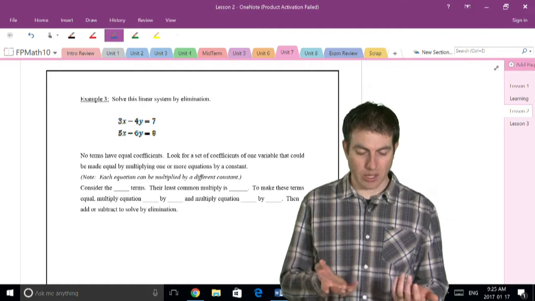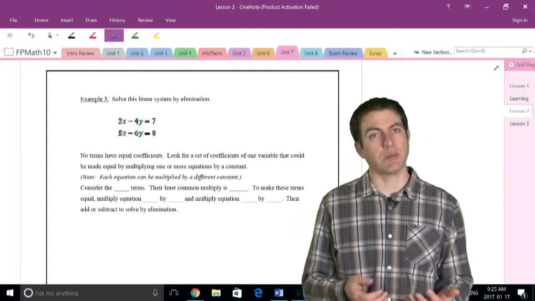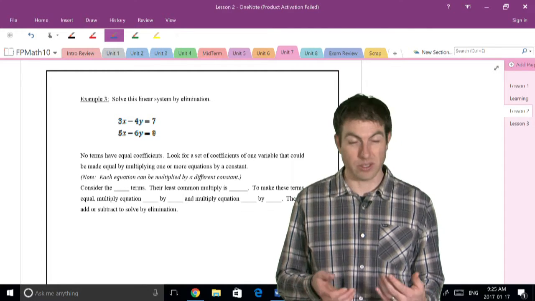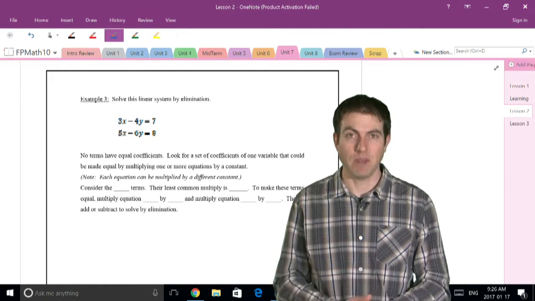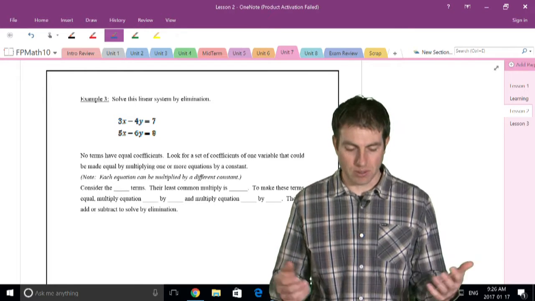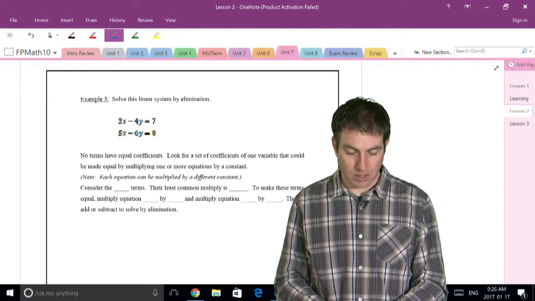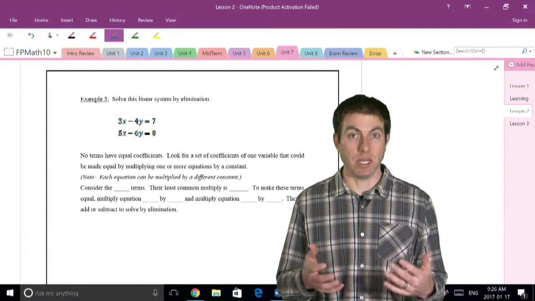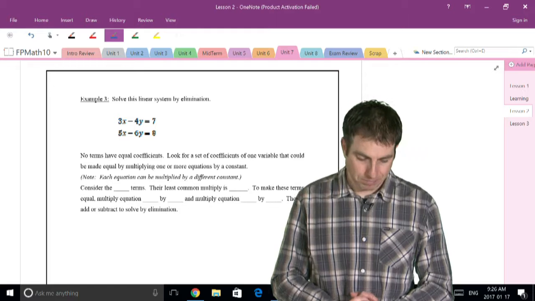But that's not going to work here. If I double the first equation, I'm going to end up with 6 x's, and 6 and 5 aren't the same. And if I double the 4, it turns into an 8, and 8 and 6 aren't the same. So I can't just double something. I can't triple anything. Basically, there's no number I can multiply by either equation to make any coefficient the same.